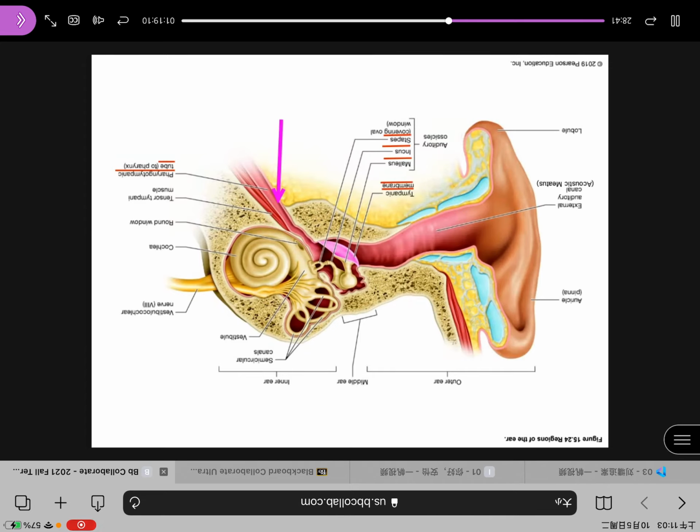So what purpose would it serve? Because it communicates your middle ear to your pharynx, it helps to release the pressure that sometimes builds up in your middle ear.